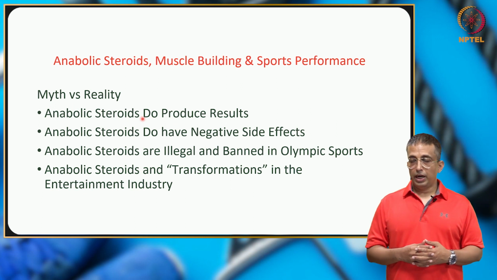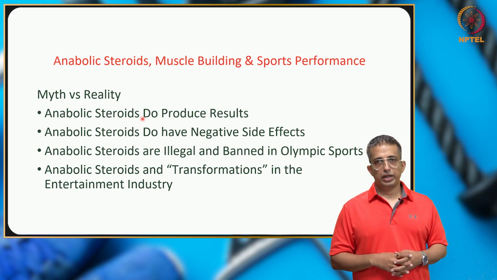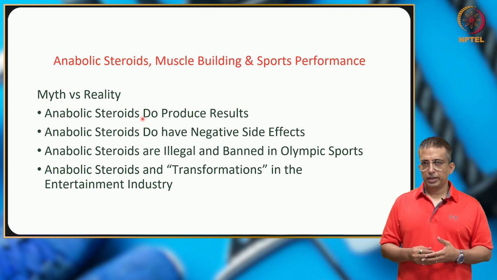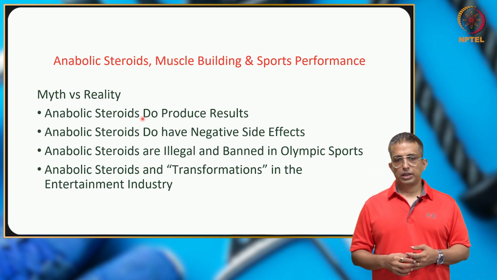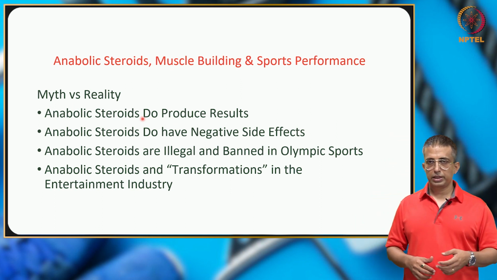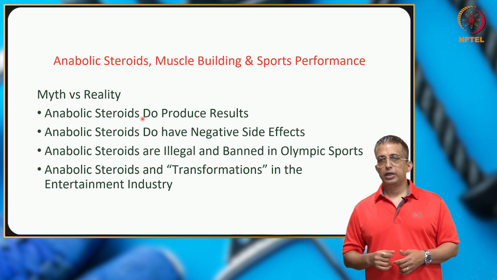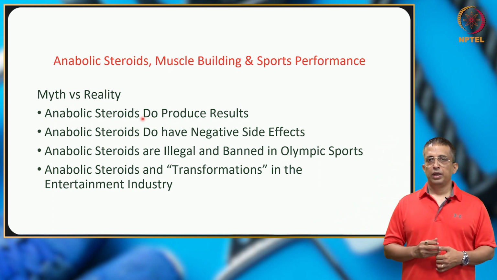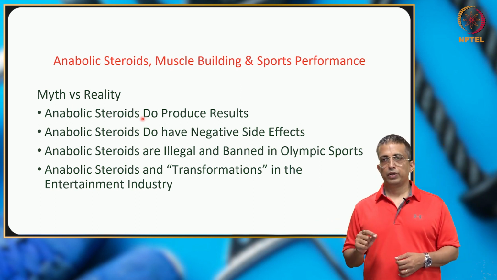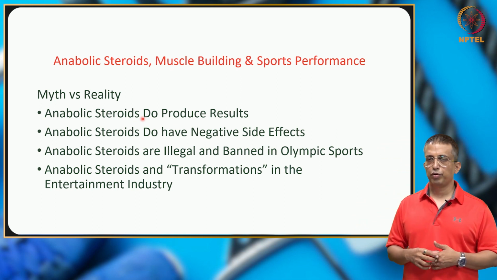So they are illegal, okay, and they are banned in the Olympic sports, and there's testing done in some sports, such as swimming. Post a race, depending on who is asked, they will take the swimmer, get a urine sample, and they will then check that, okay, especially when people are giving very good performances.